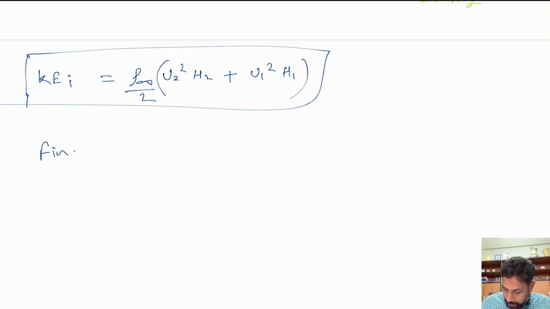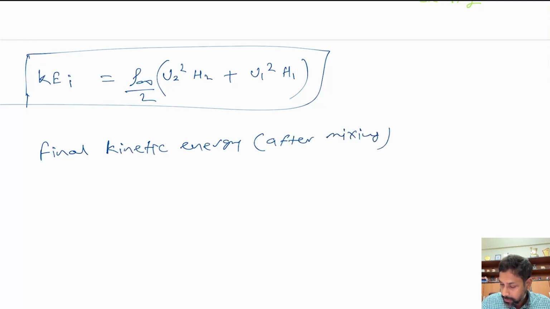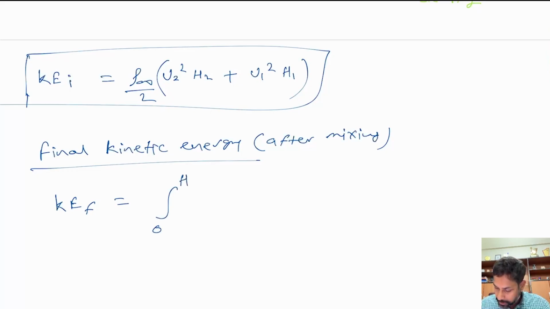And now let's try to find final kinetic energy, which is after mixing. Okay, so we will call it KEF. So here it is much simpler. So this again goes to h, half rho u square dz.